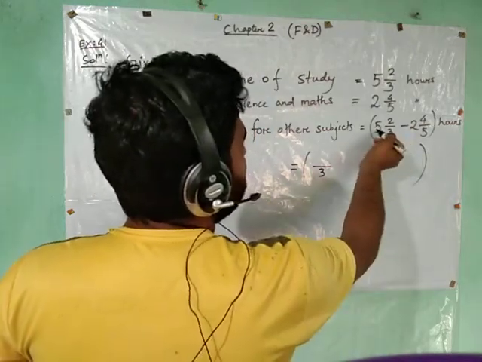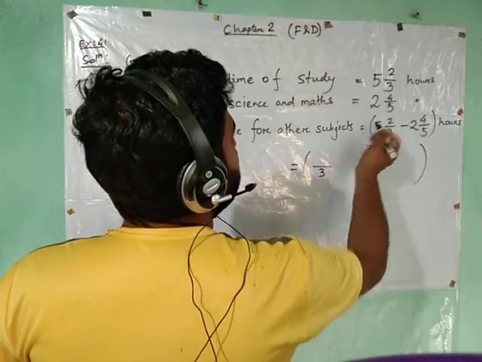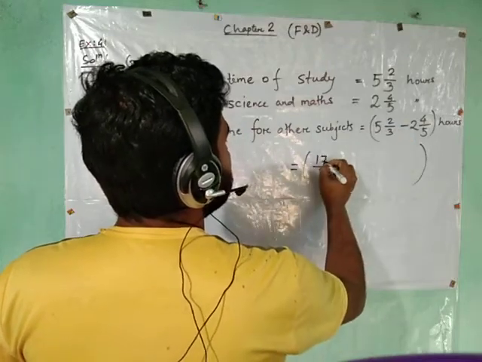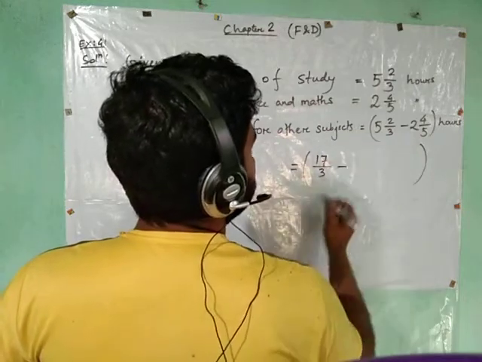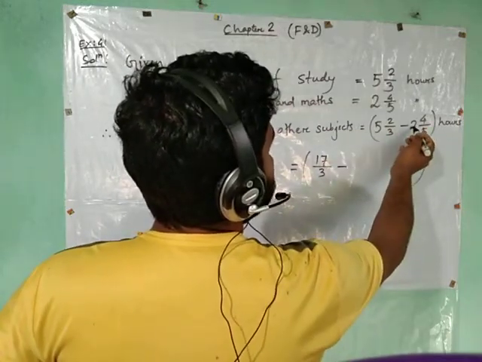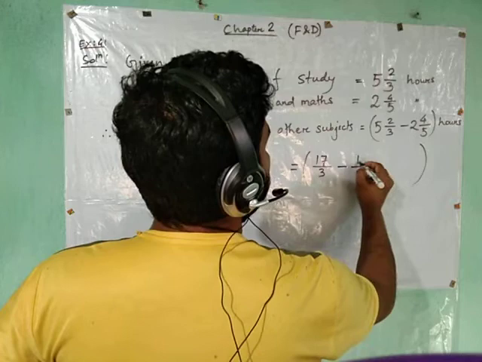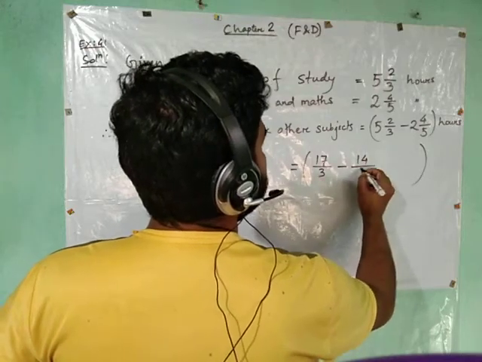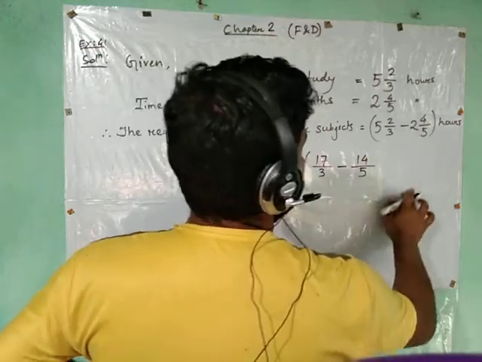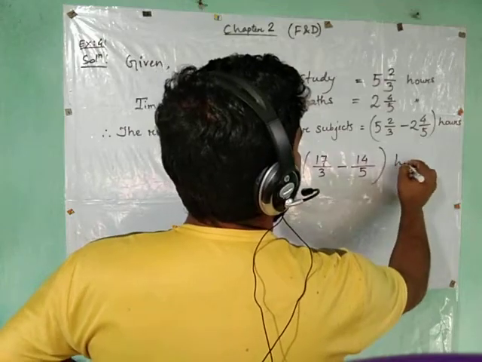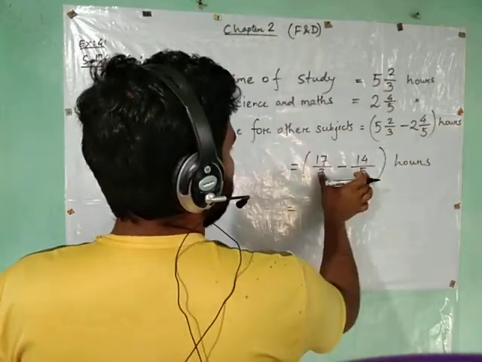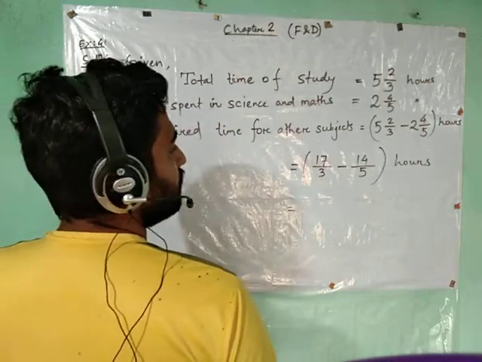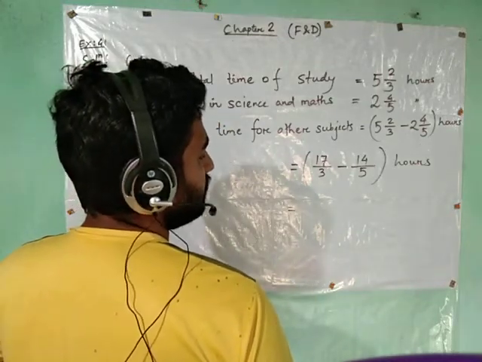Now 3 5s are 15 plus 2, 15 plus 2 is 17. So 17/3 will be our first improper fraction. Next, minus 5 2s are 10 plus 4, 10 plus 4 is 14, divided by 5 hours, isn't it?